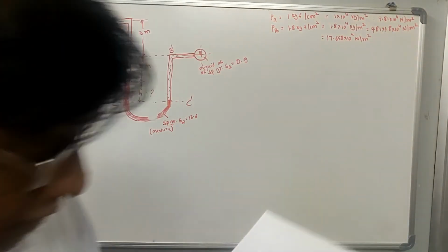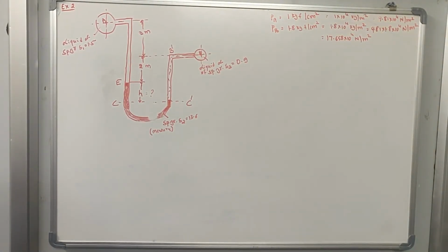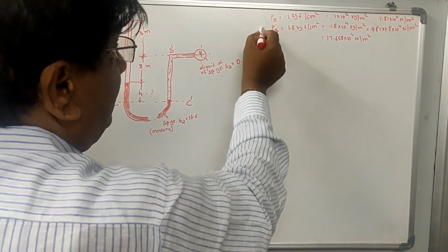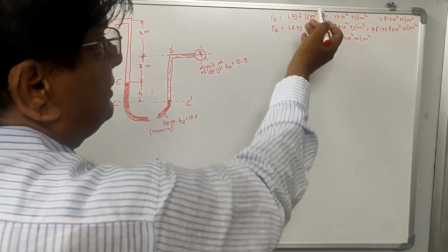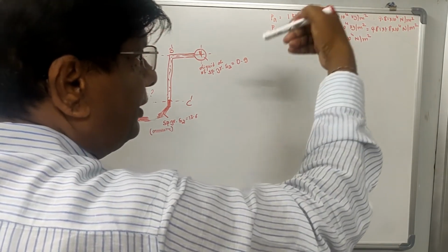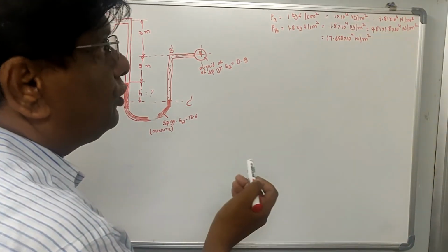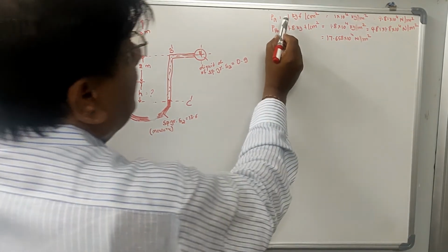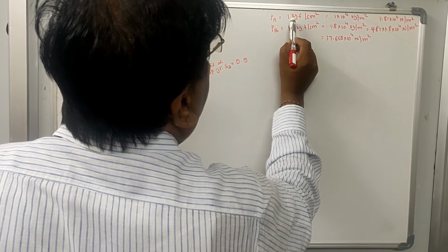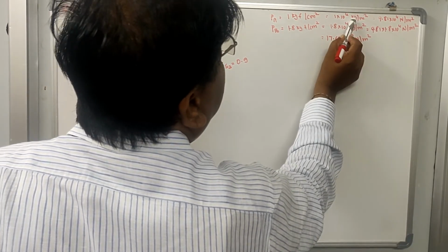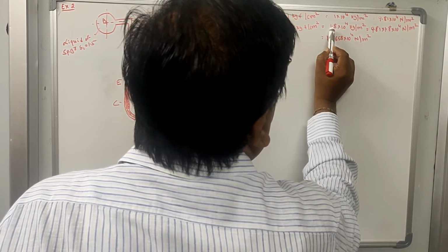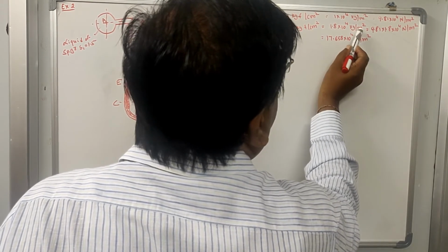Okay. See, this is also a very important step in the examination. If the pressure intensities are given in MKS, and if it is given in centimeter square, you can convert it to meter square, and also to the SI unit, meaning Newton per meter square. So 1 kg per centimeter square I am converting to 1 into 10 raised to 4 kg per meter square, 1.8 into 10 raised to 4 kg per meter square.